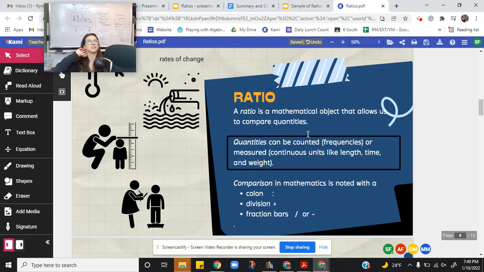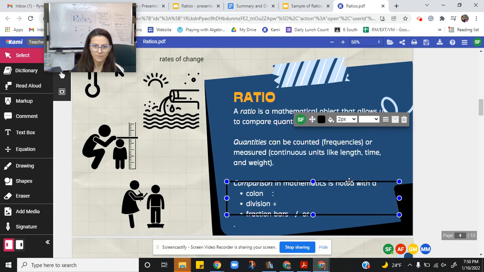Counted is a frequency such as the number of students, the number of planets, the number of times a character in Finding Nemo says, oh, I forgot again. Those are counting moments, frequencies, whereas if a quantity is measured, it's continuous. That could have a part or a decimal. It's a rational number that's not whole anymore or has the potential to not be whole. Thinking about 1.5 people doesn't make sense. Thinking about 1.5 meters makes sense.